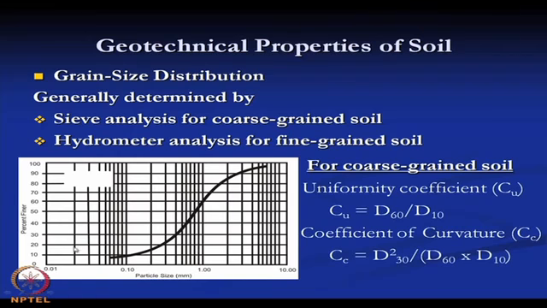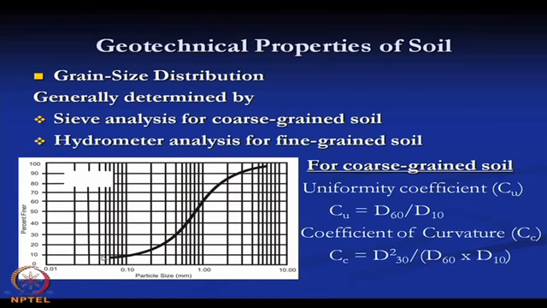Suppose this particle size is 0.8 millimeter. Then the amount of particles less than 0.8 millimeter is 50%. So, that is the percent finer on the y axis.